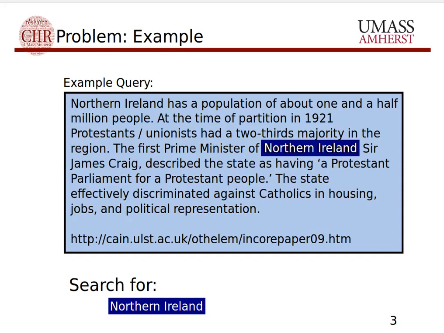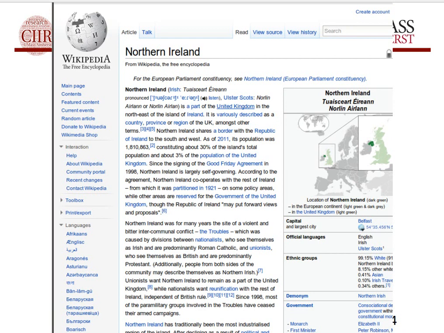In the snippet, let's say we select the string Northern Ireland. You want to know which entity in our knowledge base, which in this case is Wikipedia, is referring to Northern Ireland. And what you want to see is this Wikipedia article on the country Northern Ireland. Northern Ireland is a rather easy entity to disambiguate because when we talk about Northern Ireland, we almost always mean the country Northern Ireland.